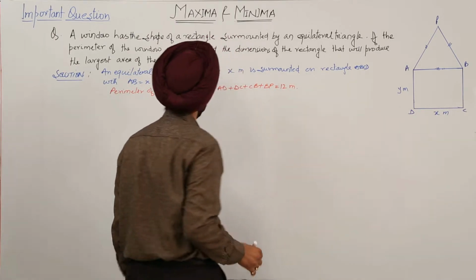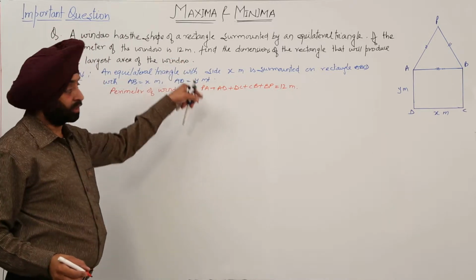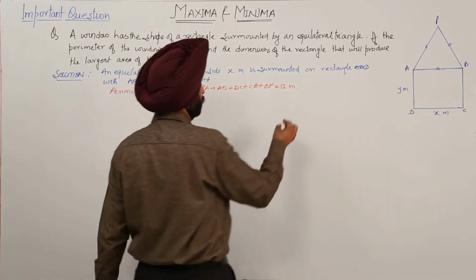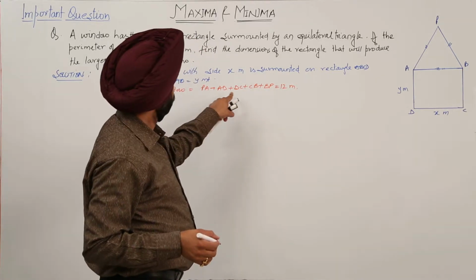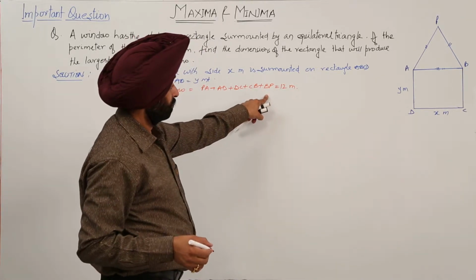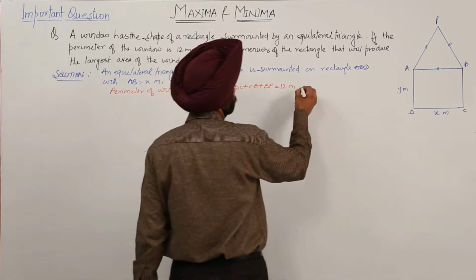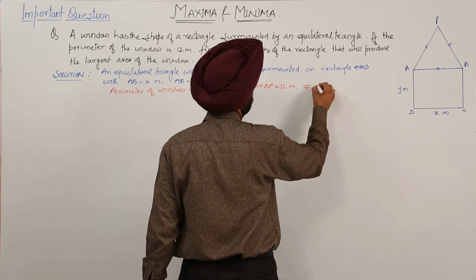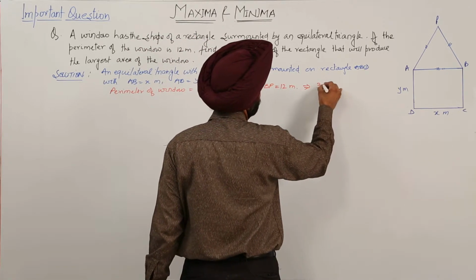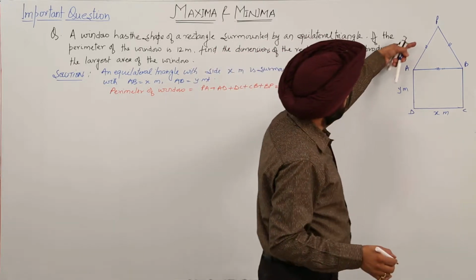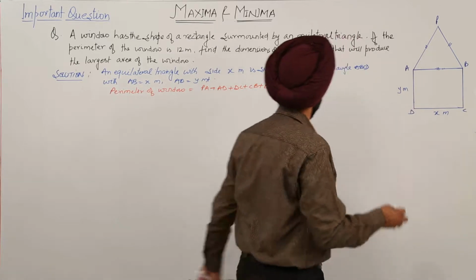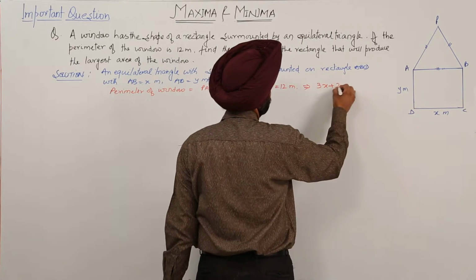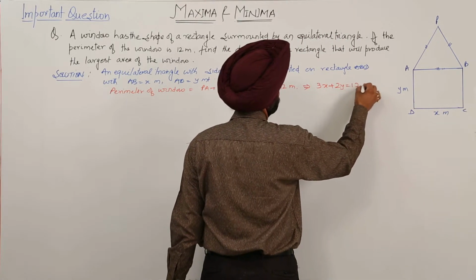This is given to us. So we have PA plus BP plus DC, which becomes 3x, and 2y. So 3x plus 2y is equal to 12.